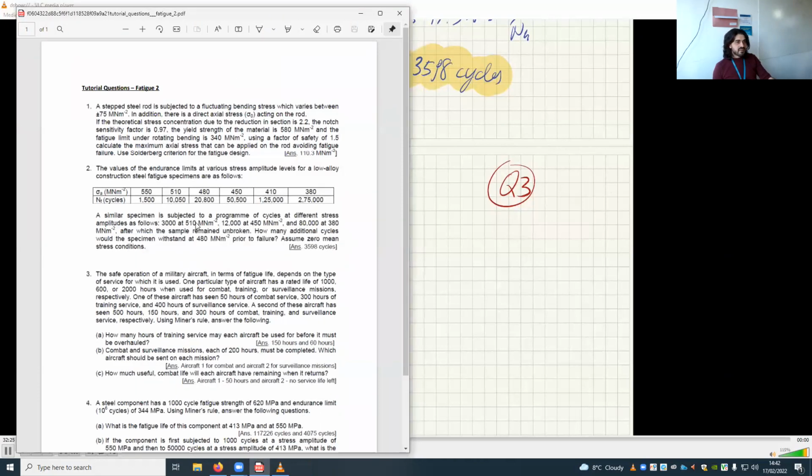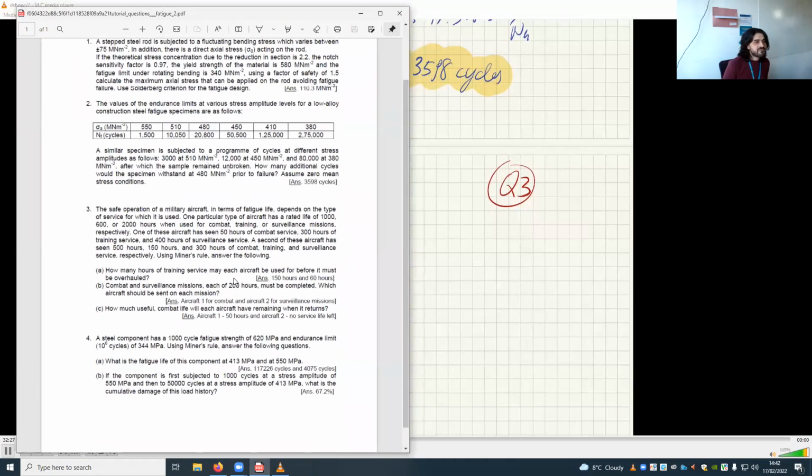In this case, we have the safe operation of a military aircraft in terms of fatigue life, which depends on the type of service for which it is used. One particular type of aircraft has a rated life of 1,000, 600, or 2,000 hours when used for combat, training or surveillance missions, respectively.